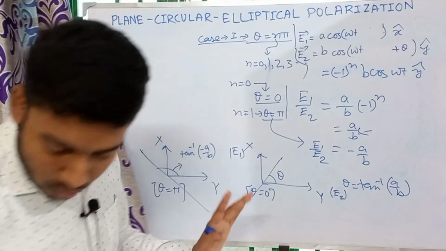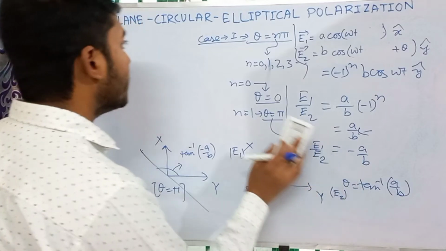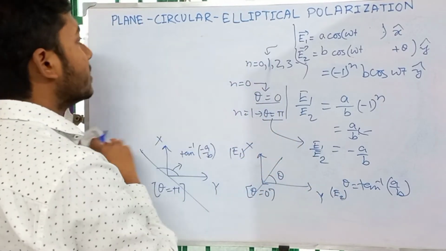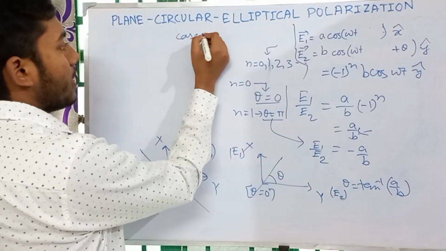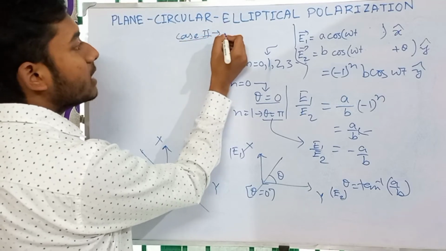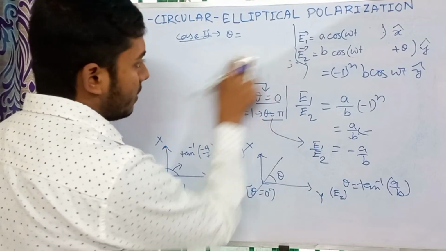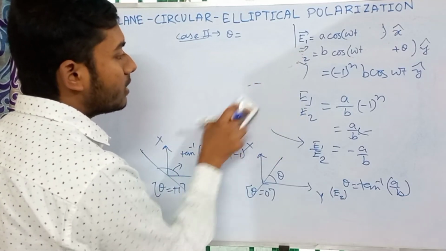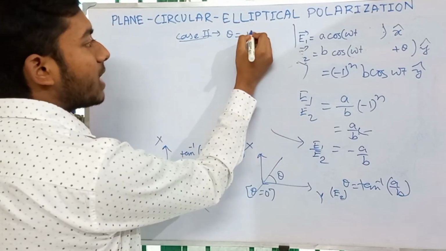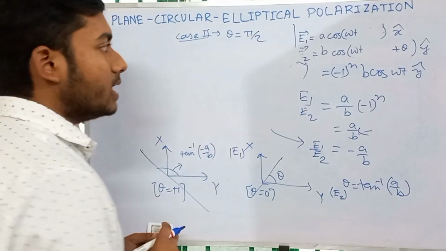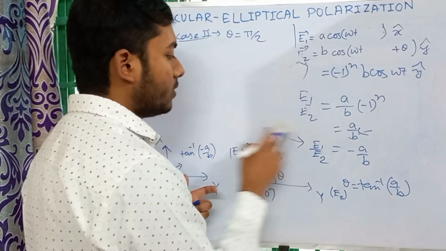Now case number 2, that is case 2, when theta is not equal to n pi. For simplicity, I am assuming that theta is equal to pi by 2. So if theta is equal to pi by 2, then what happens?